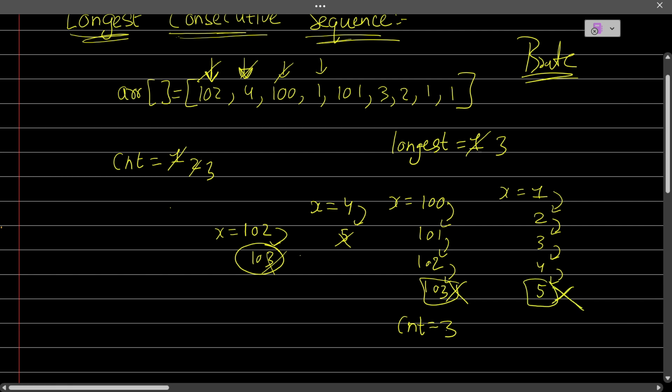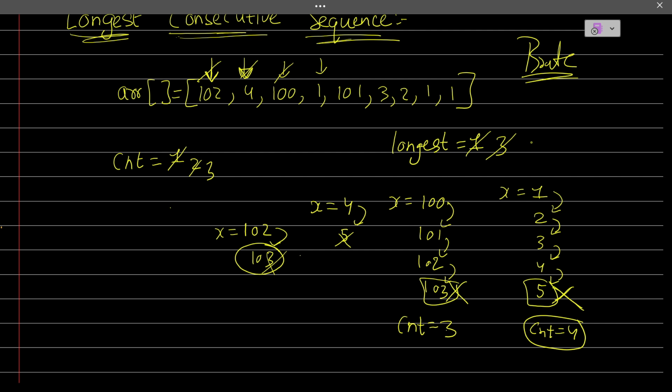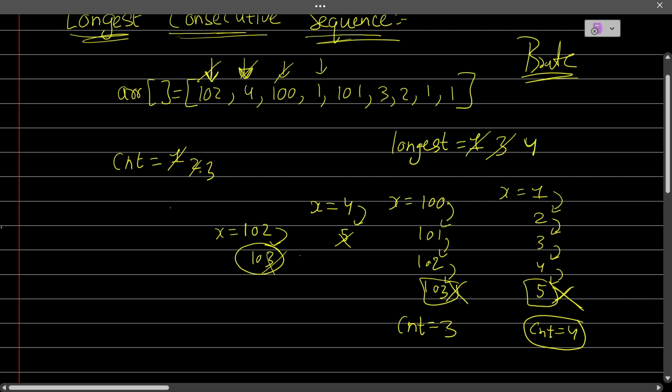So up to here I get the count 4. Then I update my longest, and that will be 4. So this is my answer.